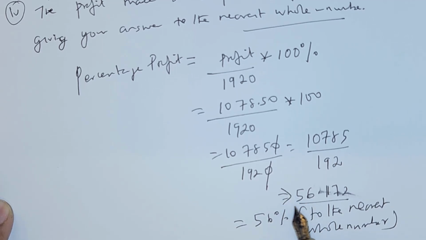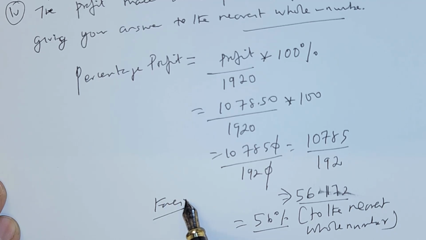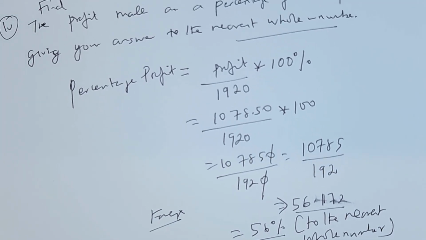In the field of business, 56.172, they will not just round it up to 56%. Okay, why do I say that? Because you can go to money change, right? The forex, you can go and see. Even after the decimal, you have 2 places or 3 places, still they take it into account, because business is very, very sensitive, or I would say precision based industry.